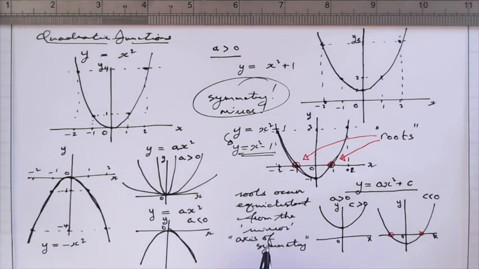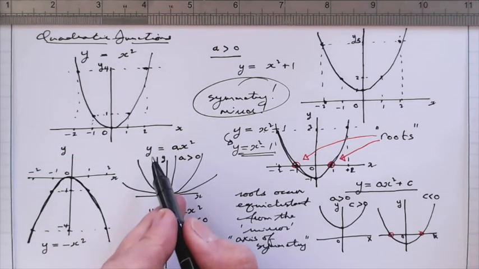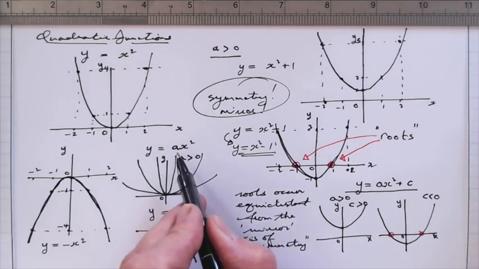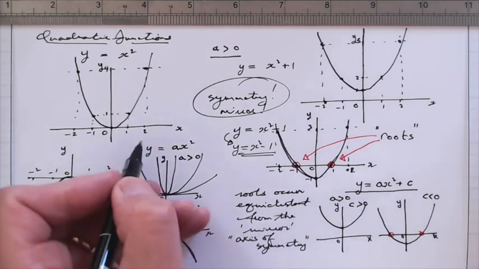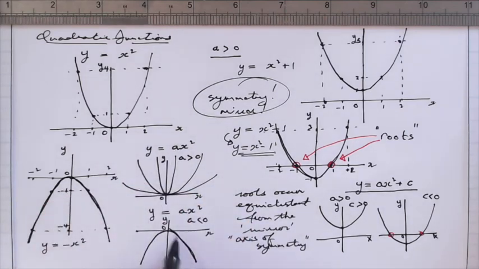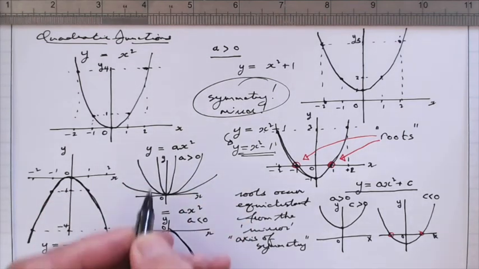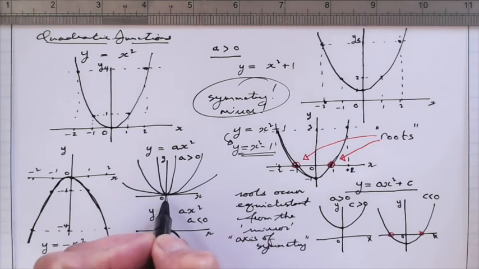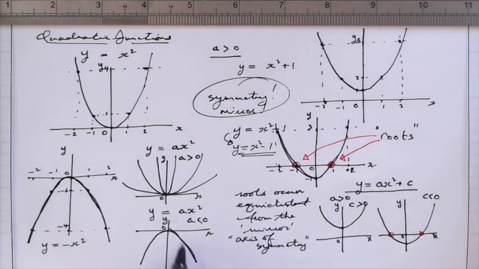I kind of informally call it a mirror. If we write parabolas y equals ax squared, then if a is positive, they will be valley-shaped, and if a is negative, they will be hill-shaped. So the valley-shaped parabolas will have a minimum value somewhere, the hill-shaped functions will have a maximum value somewhere.